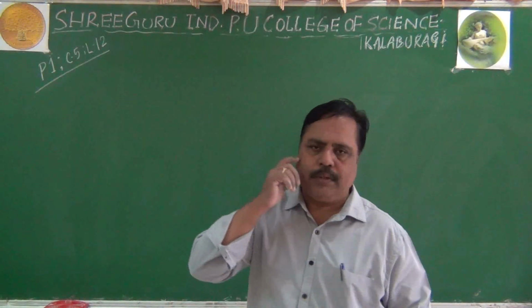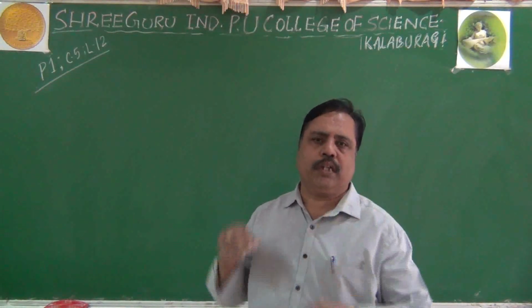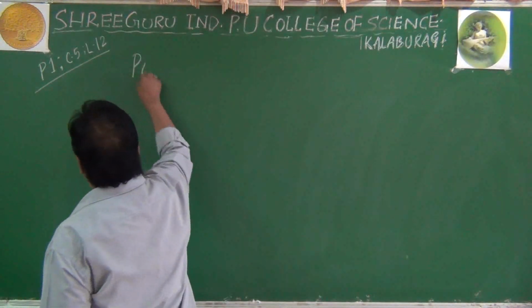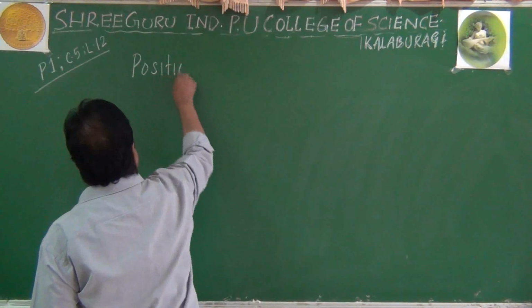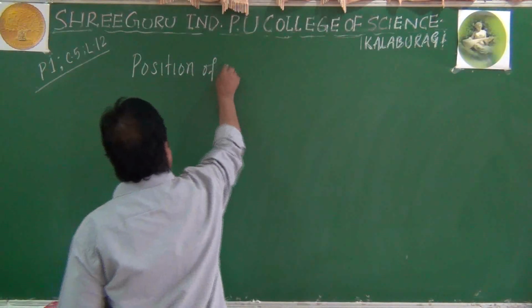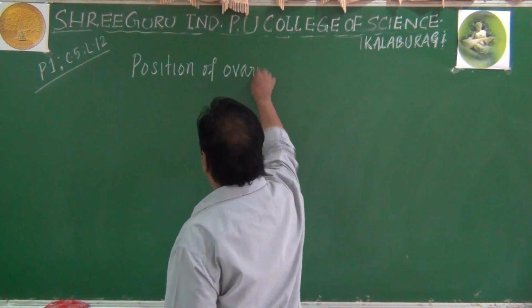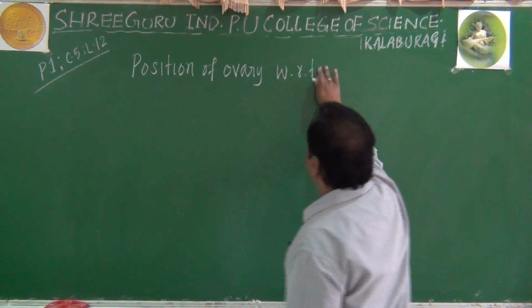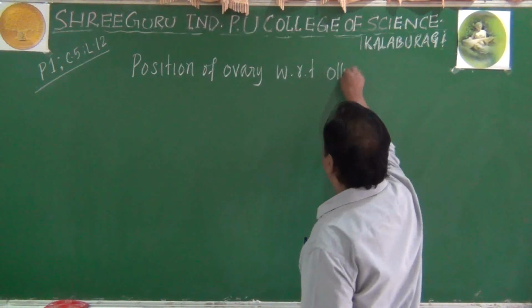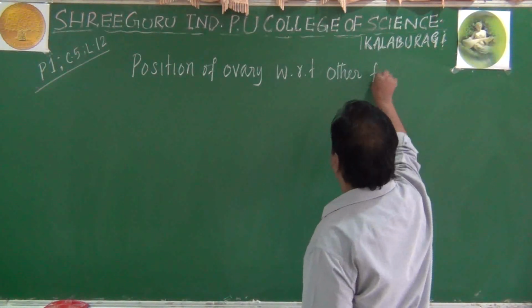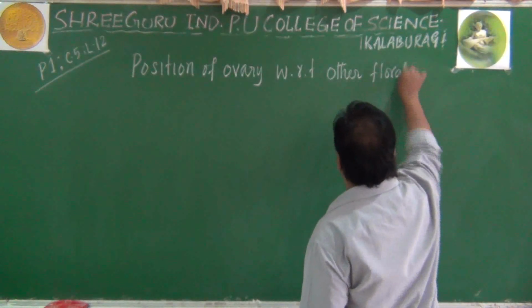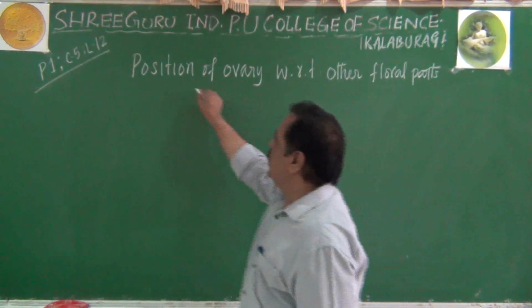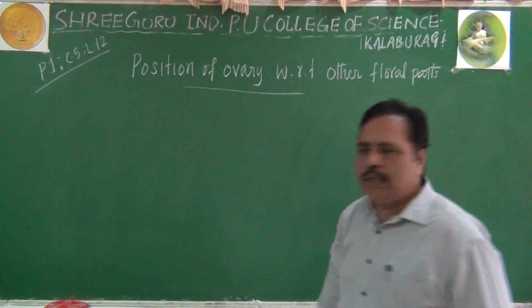Describing a flower based on position of ovary with reference to other floral parts. How can we differentiate a flower? How can we describe a flower? We are going to see here.